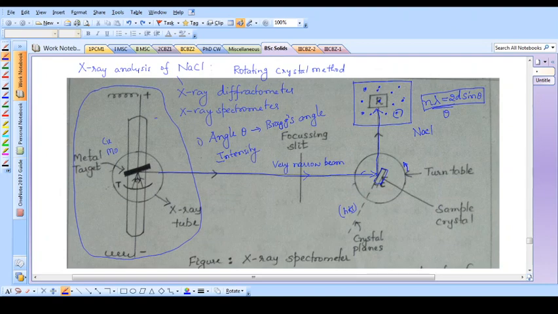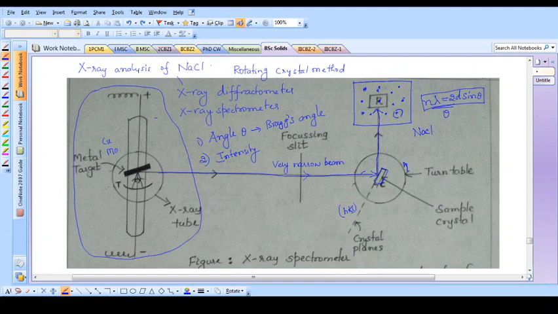So I'll repeat, two data are obtained from an X-ray diffractometer. One is the angle theta, which is Bragg's angle corresponding to maximum reflection. The second is the intensity of each spot on the diffraction pattern. And these two data are very helpful in finding out the crystal structure, in this case, the crystal structure of sodium chloride.